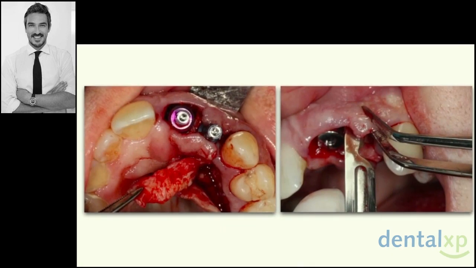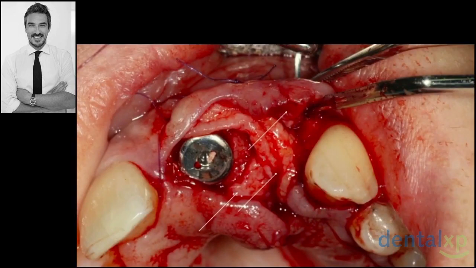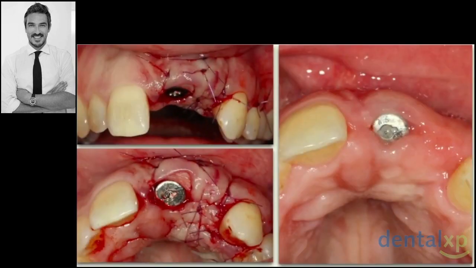Post-extraction implant placement with dual zone augmentation, harvesting of pediculated connective tissue grafts, some inserts from surgery, and here you see there are 3 soft tissue grafts: 2 free connective tissue grafts and 1 pediculated connective tissue graft.